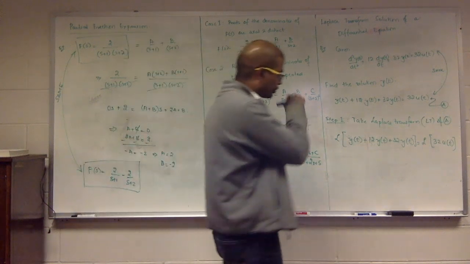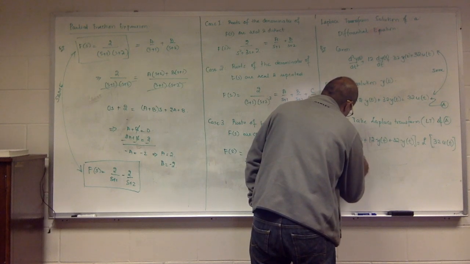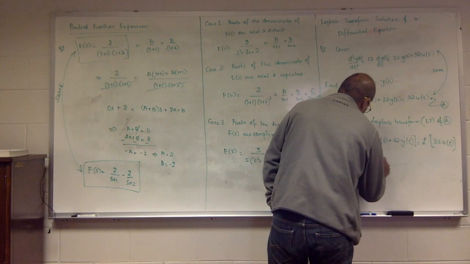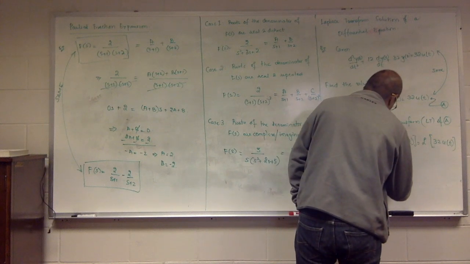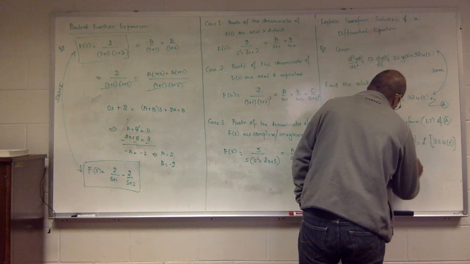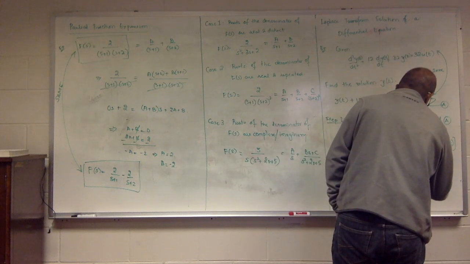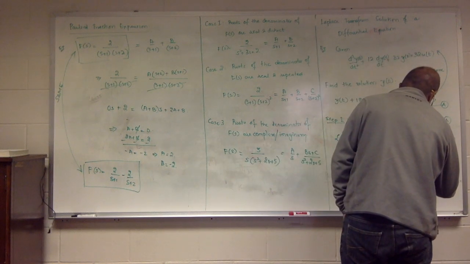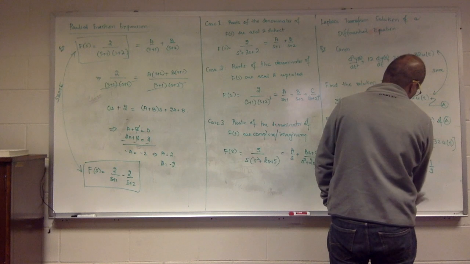Okay. So here, what you're going to get is s square y of s plus 12s y of s plus 32 y of s equal to 32 times 1 over s. Work with me here a little bit.